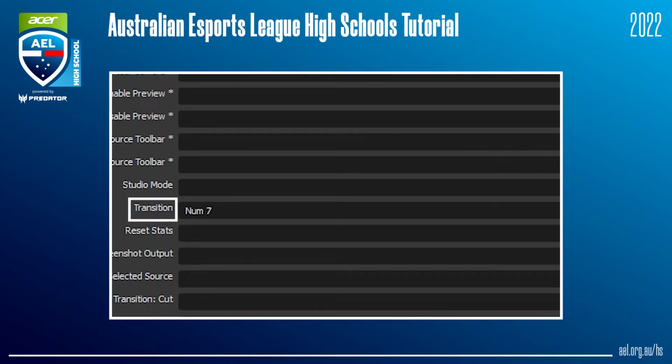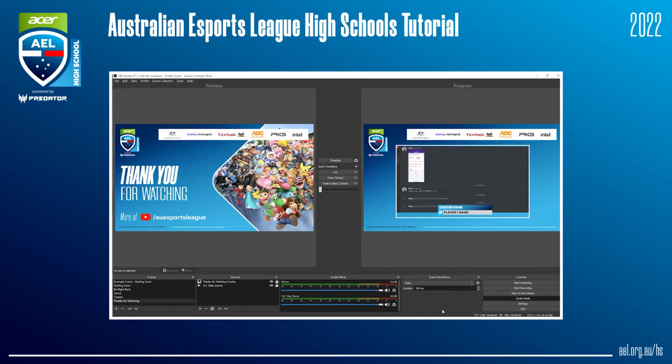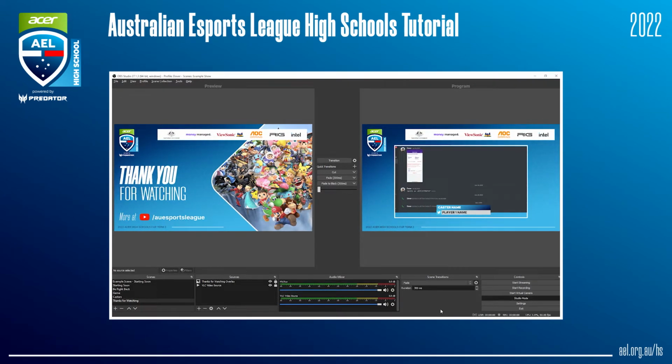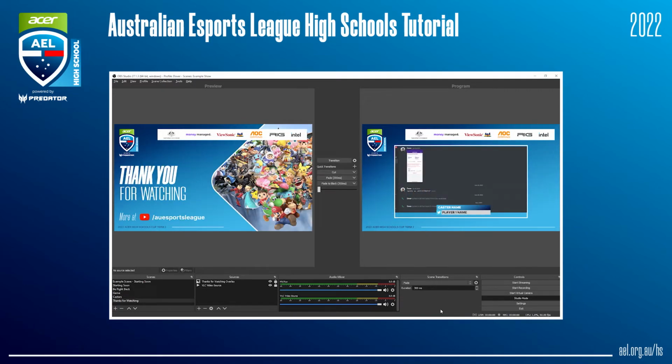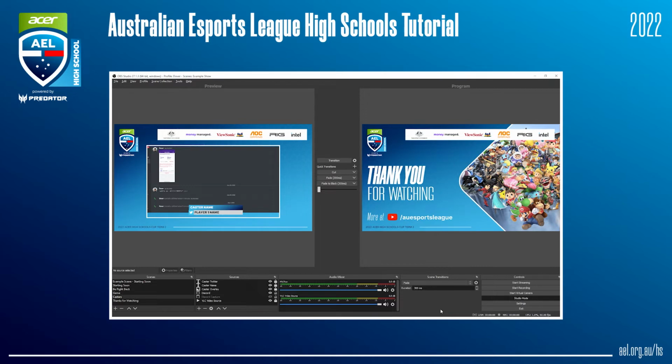Cool. And now when I click the transition button, or the fade button, which is just there, that'll fade from scene to scene, and that's a really helpful way of controlling your show without having to use your mouse or keyboard or anything like that.